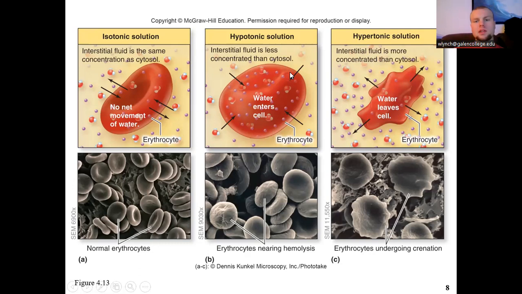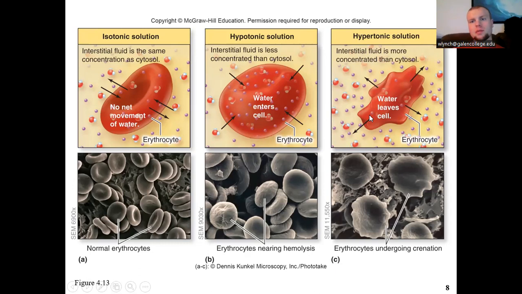If we have a red blood cell that's going to swell up, if it does not stop or if there is no equilibrium reached over a period of time, it will continue to swell until it bursts. And if it bursts, this is termed hemolysis. So in this microscopic image, we are seeing a couple of erythrocytes that are nearing this point of bursting or hemolysis.